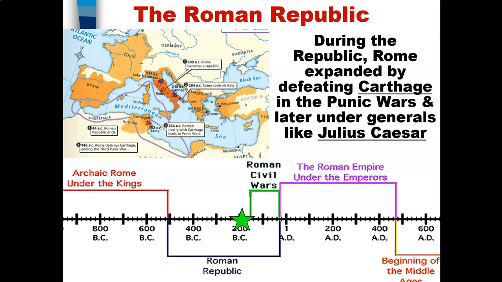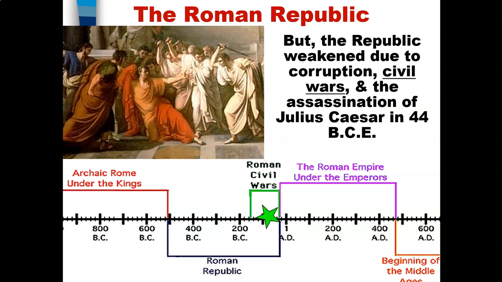During the Republic, Rome expanded by defeating Carthage. By the way, it was a brutal fight between Carthage and Rome, but Rome eventually defeated Carthage in what we know as the Punic Wars, and later under generals like Julius Caesar. But the Republic weakened due to corruption.